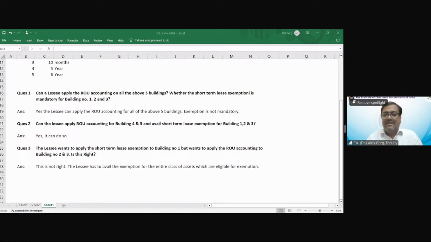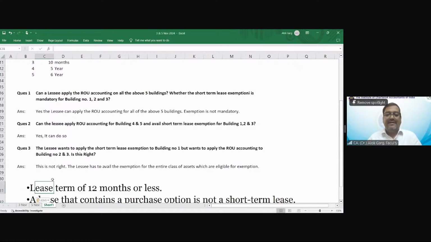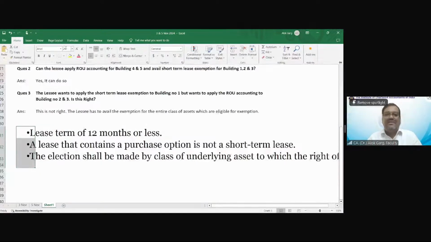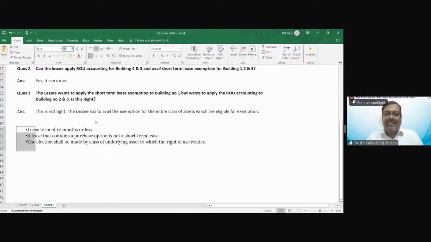Number 3, if there is a purchase option in the lease contract, it is not a short-term lease.